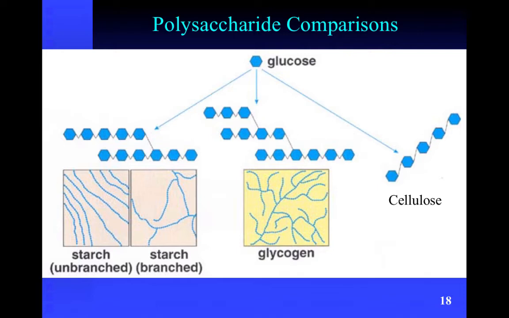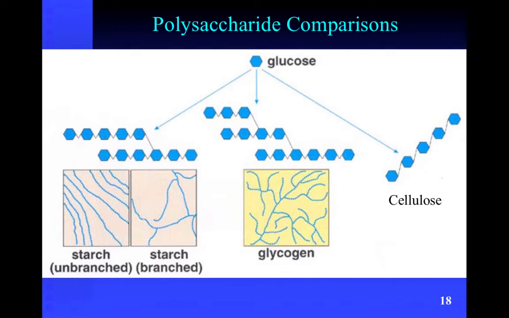The branch points in glycogen tend to be about every 5 to 10 glucose molecules, rather than the 25 of amylopectin. Okay? A couple of advantages to that. So glycogen tends to be more dense than starch.